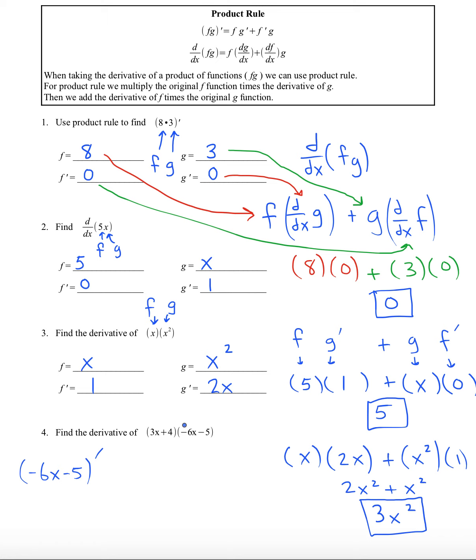I'll do the derivative of the second one times the original first. And then I have to add. This time I switch it up. So I do the derivative of the second one there by the original first.